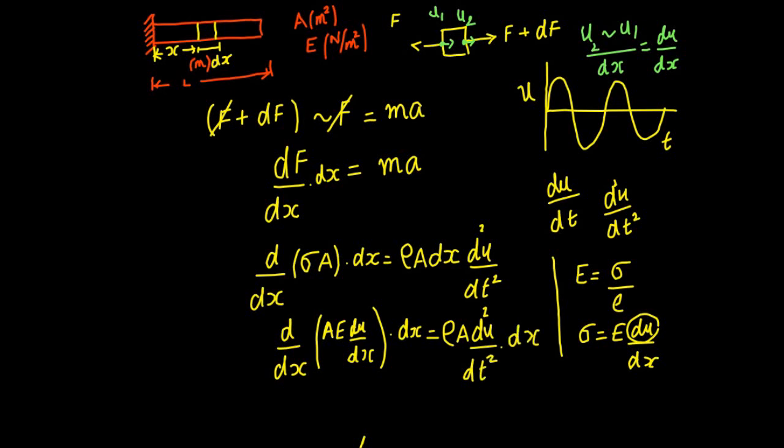I can cancel this dx on the right side and dx on the left side. I can also cancel the area, but for some reason I'm just keeping the area as it is. So it's going to be AE.